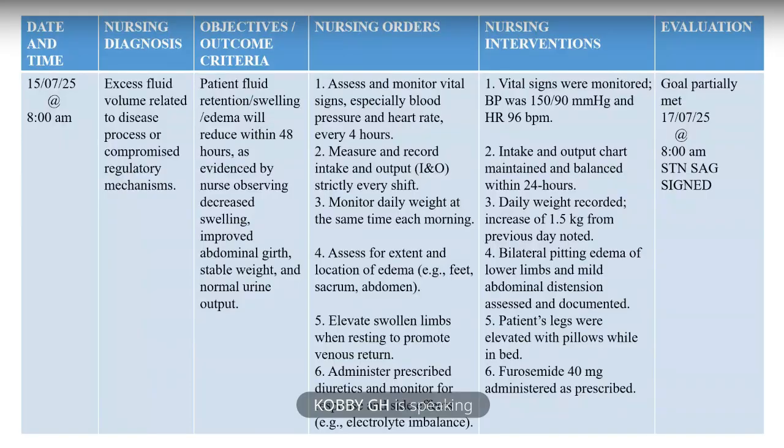Then the objective or outcome criteria: patient's appetite level would improve within, let's do within 24 hours, as evidenced by nurse observing patients eating 70 to 80% of meals served, and patient verbalizing that his appetite has improved.